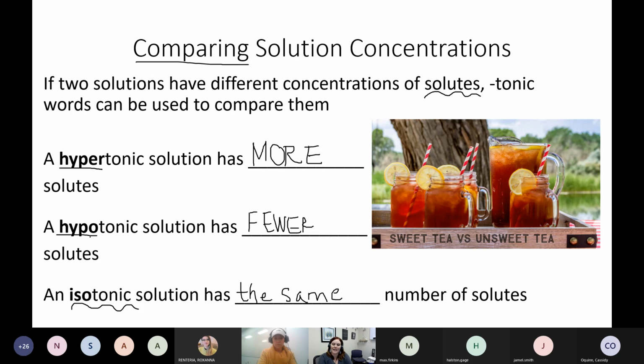You will hear Dr. Ollis ask you about tonic words a lot in the next couple of weeks. What I'm referring to is hypertonic, hypotonic, isotonic. Do we have more of a concentration? Do we have less of a concentration? Do we have the same concentration? That's what these words mean.